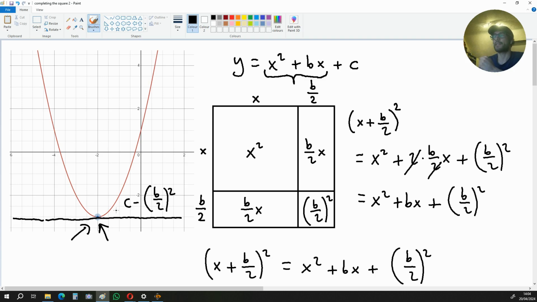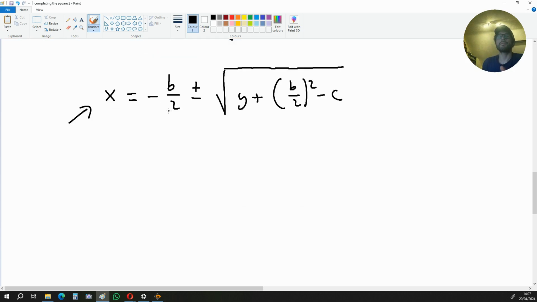Let's do that next. So x is minus b over 2 plus or minus the square root of y plus b over 2 squared minus c. What happens when y is c minus b over 2 squared? Let's write that down.